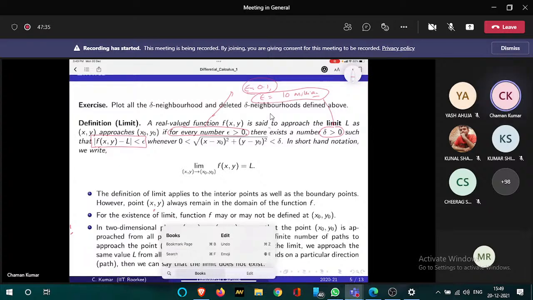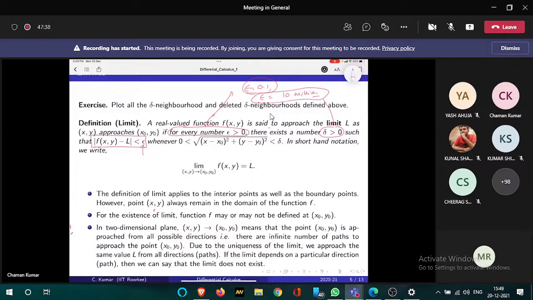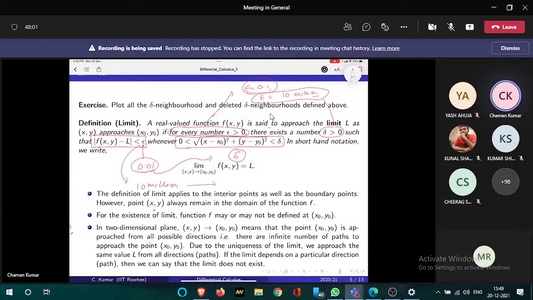So if you say that I want to keep the distance 0.01, then corresponding to 0.01, you will be able to find some delta, that means a deleted delta neighborhood. And if you pick your epsilon, let's say 10 million, then also you will be able to find some delta so that you can create a deleted neighborhood here. If you are able to do this for every epsilon, then we say that the limit exists.